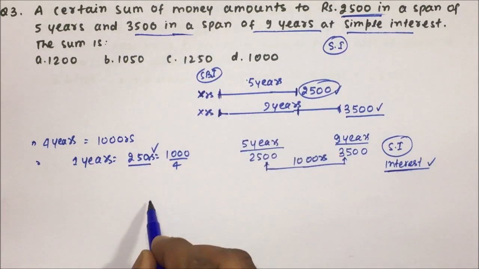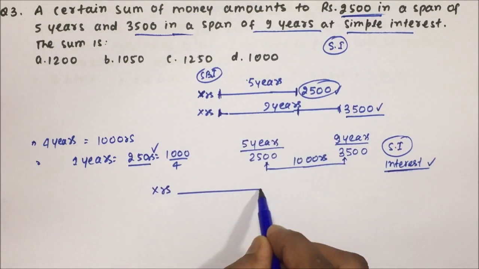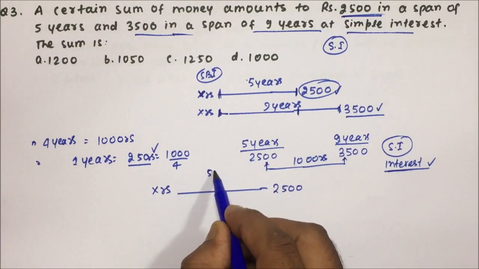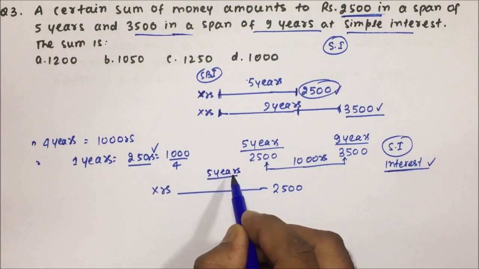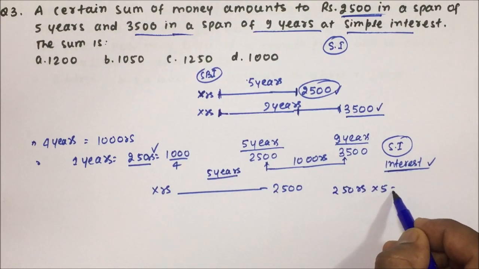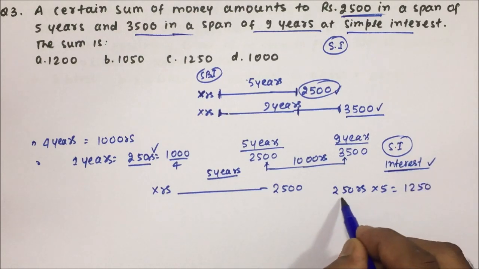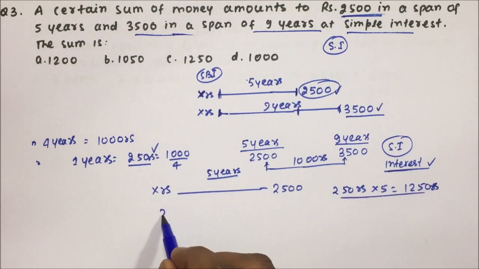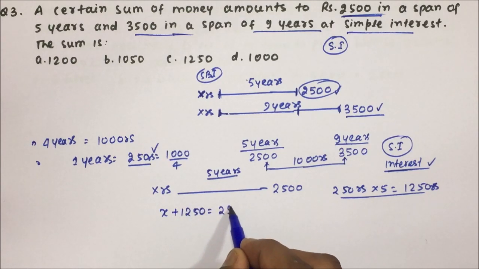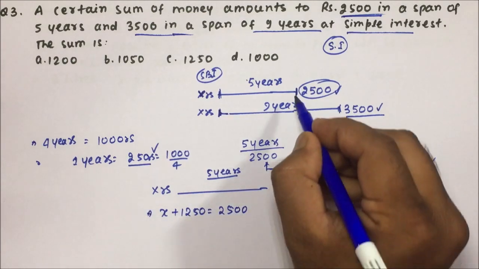Now friends, the person invested X rupees and within 5 years he is getting 2500. In 5 years, every year you would have got 250 rupees interest, so in total you would have got 1250 rupees interest. Whatever money he invested, plus 1250 rupees interest, became 2500 in 5 years.